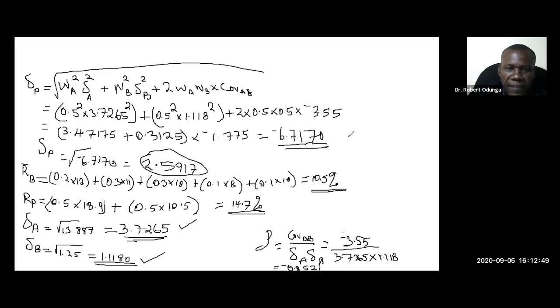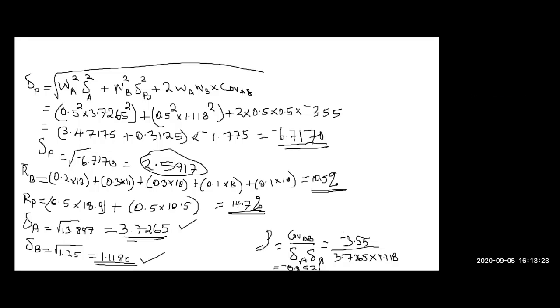So it will give us 2 times 0.5 times 0.5 times negative 3.55, which is negative 1.775. And this is plus. Yes, that's right.